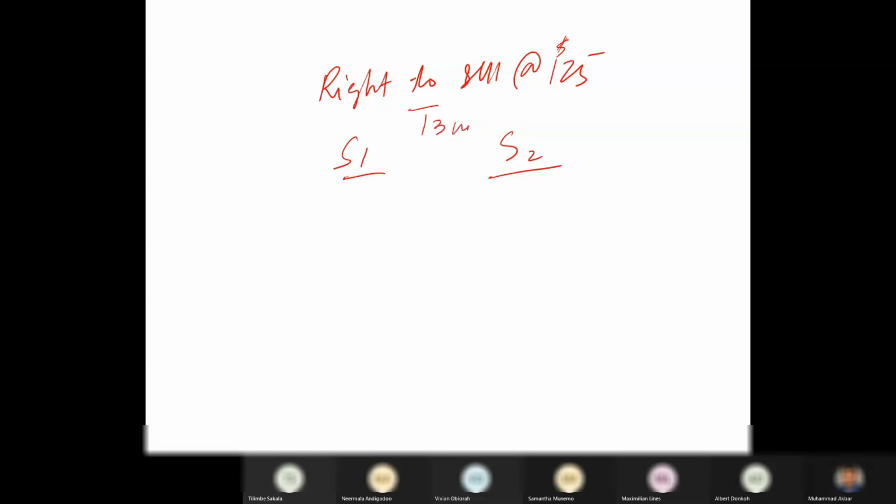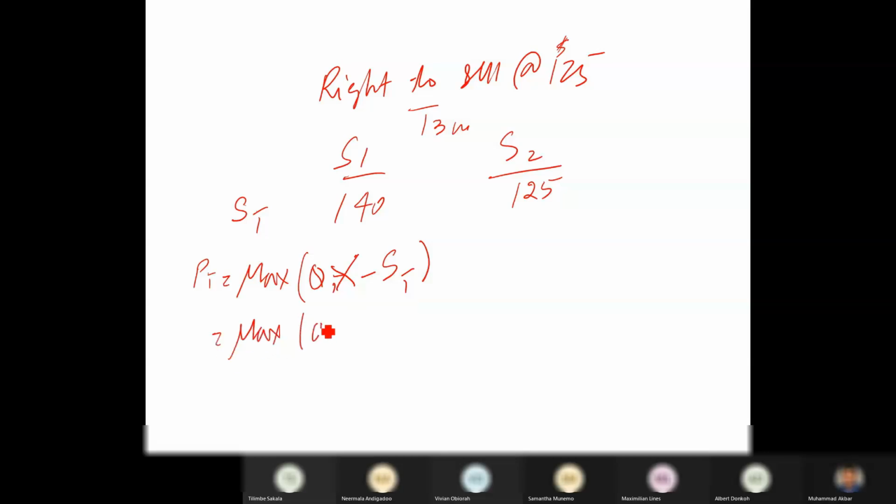The price ST is, let's suppose, 140 and the exercise price is 125. So my gain here would be PT, which is the maximum of 0 or X minus ST. X is how much?